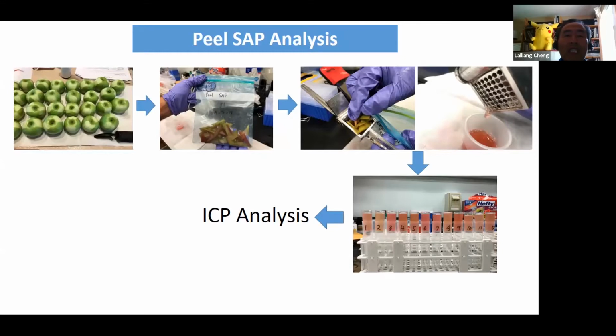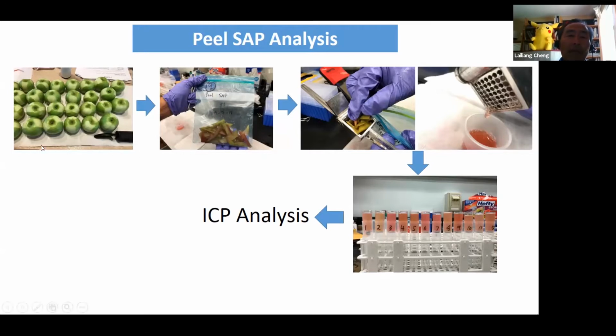Since 2016, working with Dr. Mike Rutzke at the Cornell Nutrient Analysis Lab, we tested the possibility of using peel sap analysis for the diagnosis of fruit nutrient status.